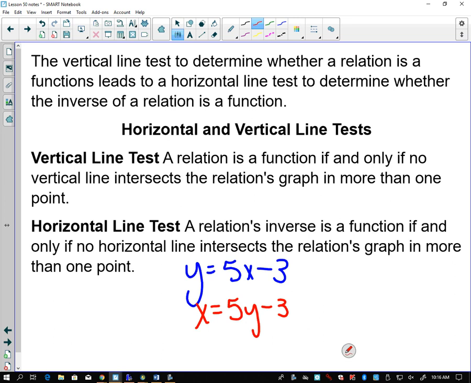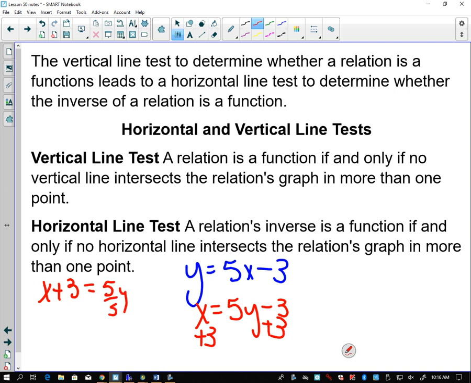Okay, so rule number 1 is reverse or swap the variables. Rule number 2 is solve for y. Okay, so how do I solve for y here? Add 3 to both sides, good. All right, so as I'm writing that, I get x plus 3 equals 5y. Now what?